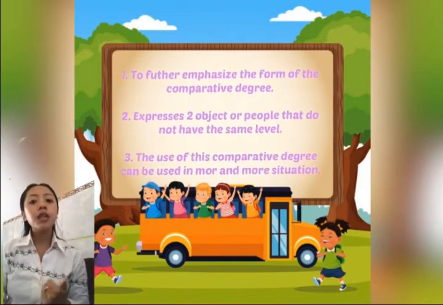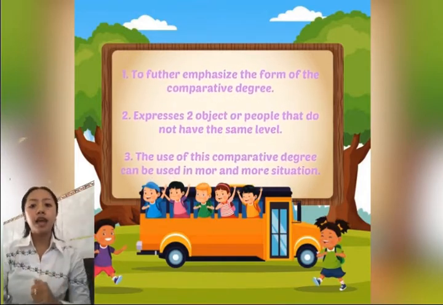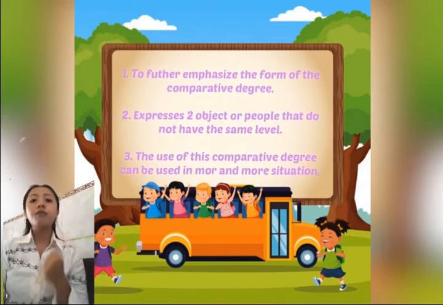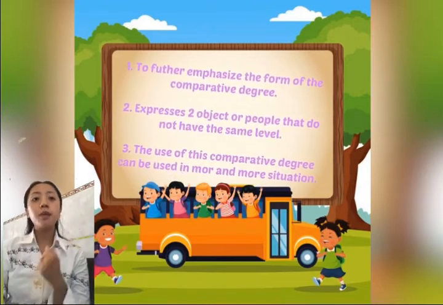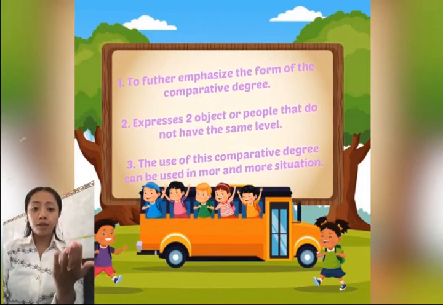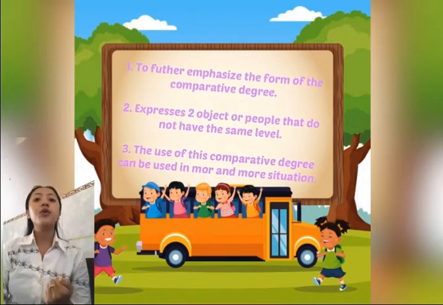The example of this point is her pen is not as black as yours. And the third point is that the comparative degree can be used in more and more situations. The example of this point is the harder you study English, the cleverer you will be.